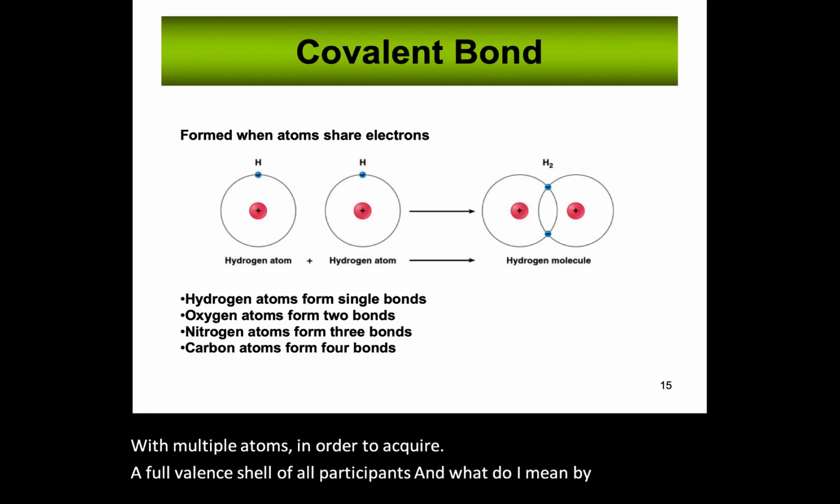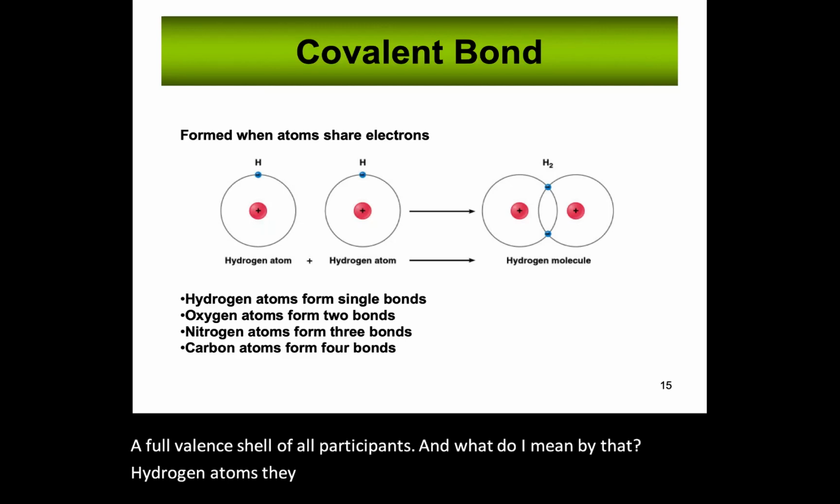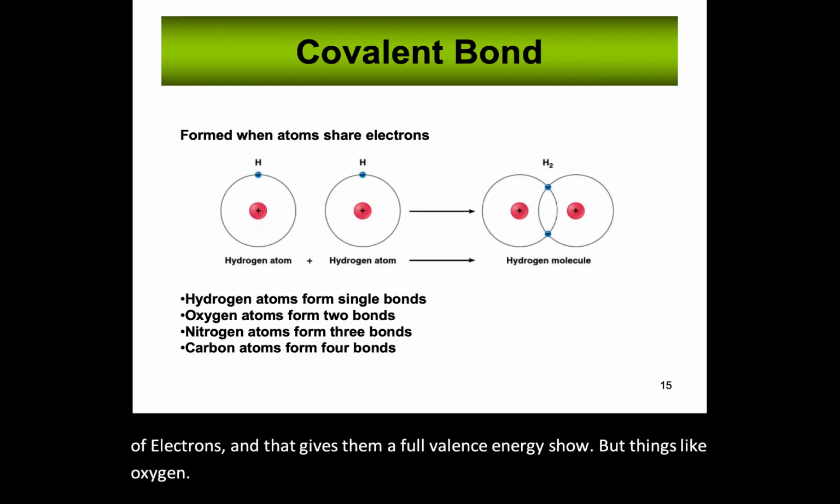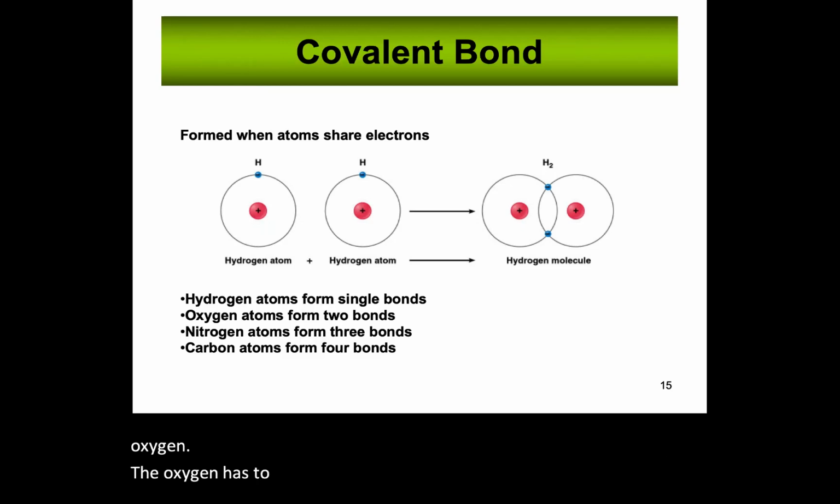Well, hydrogen atoms, they form a single bond. Right? They're going to share one pair of electrons, and that gives them a full valence energy shell. But things like oxygen, right? Oxygen has to form two covalent bonds. They have to share two pairs of electrons.